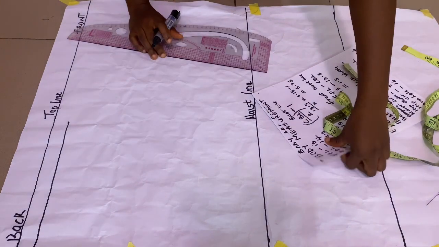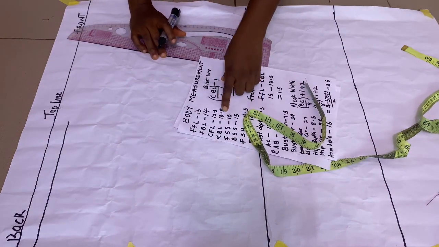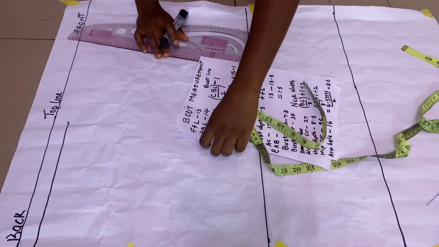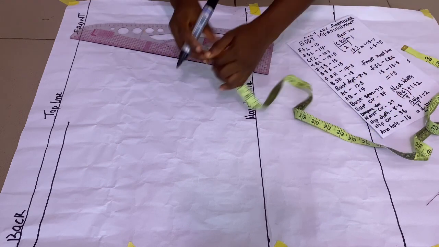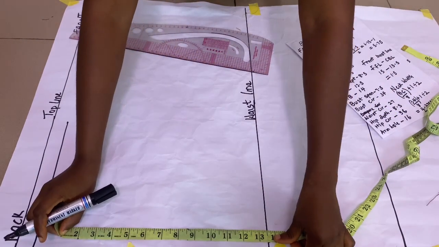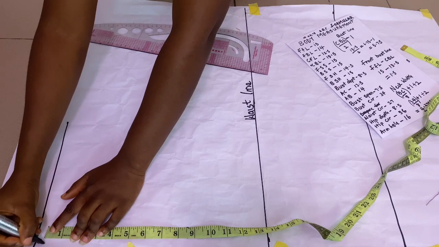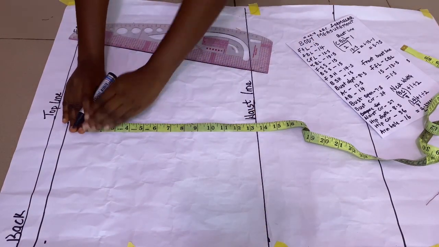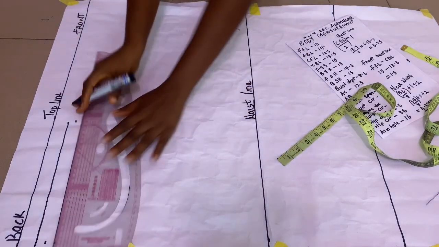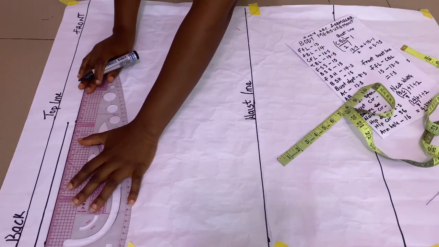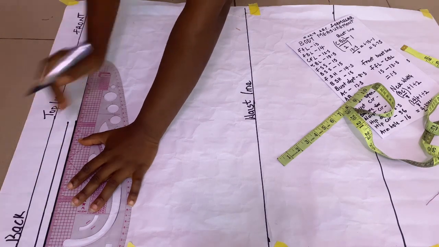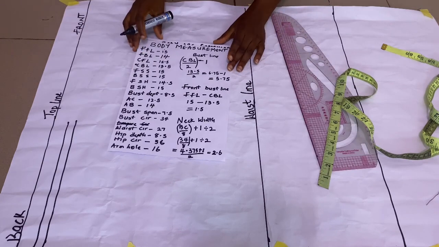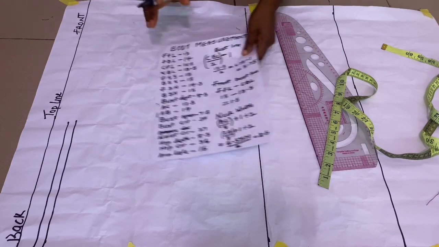So the next measurement is the center back length, and center back length is 13.5. I'll also mark it from the waistline upward. So the next thing now is to get the bust line.